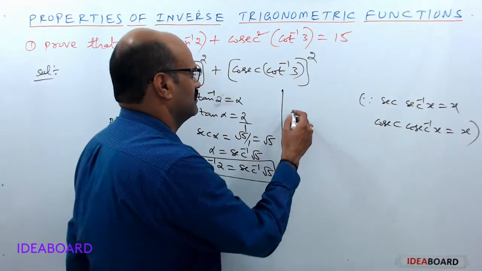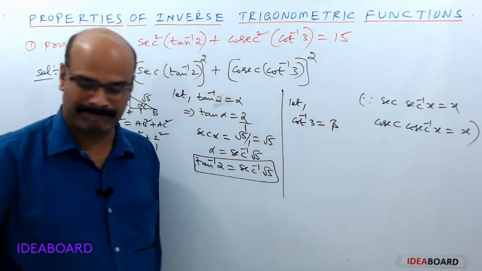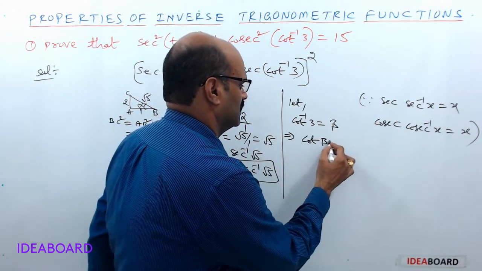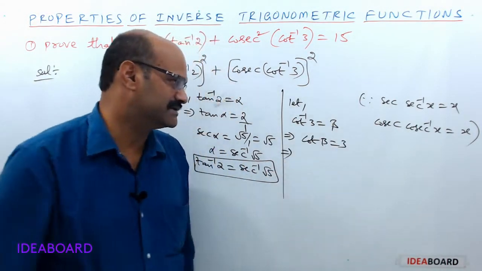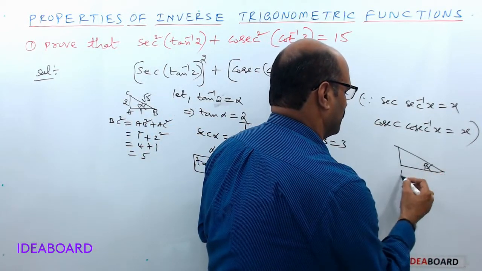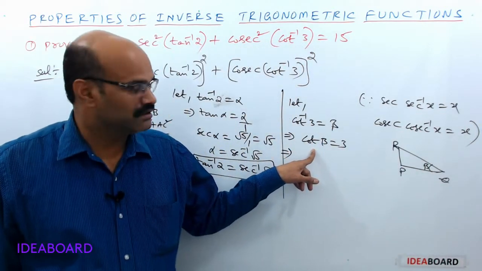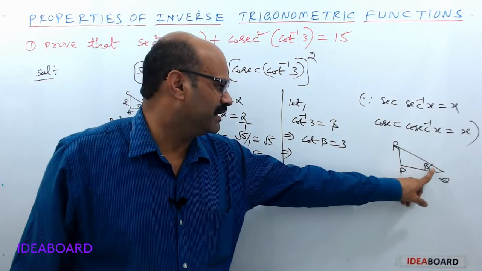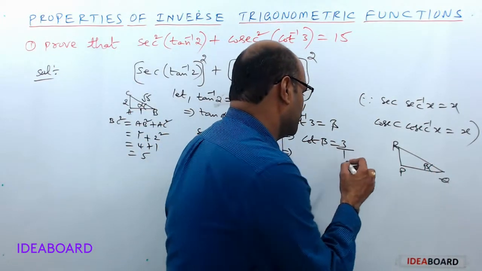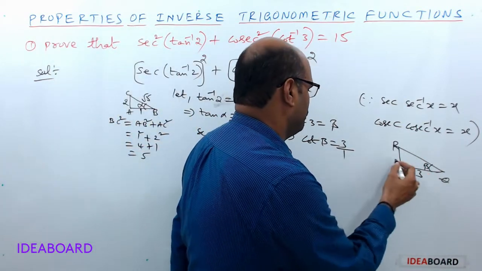For that we let cot inverse of 3 equal to beta. It implies cot beta equal to 3. Now take a triangle PQR. Here we have cot beta equal to 3 by 1, base by perpendicular.